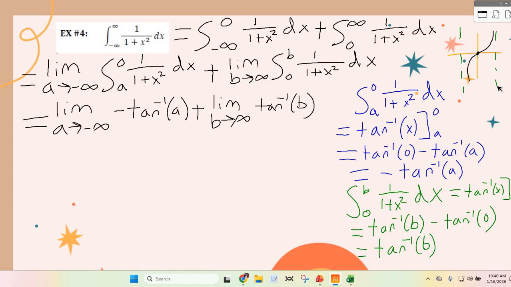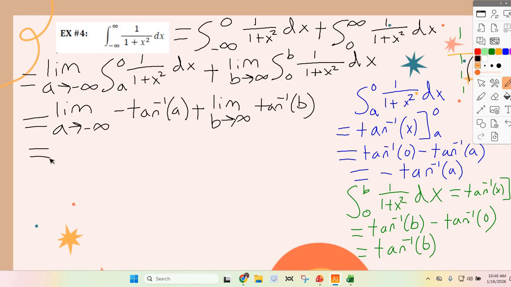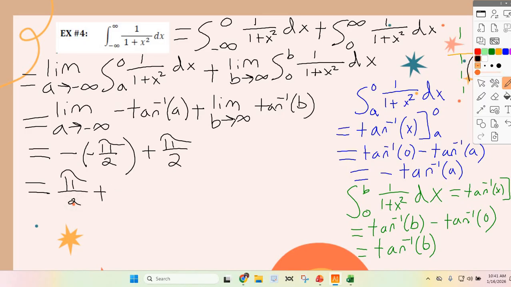Positive pi over 2 is the positive one and negative pi over 2 is the negative one. So this would be negative pi over 2, and this would be a positive pi over 2. So what do we get? Pi. And that would be right.